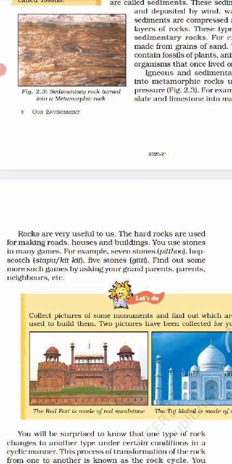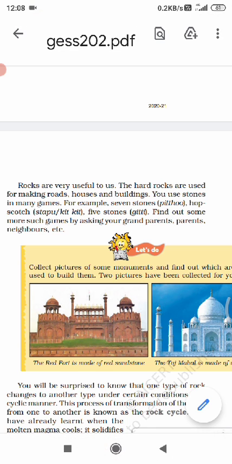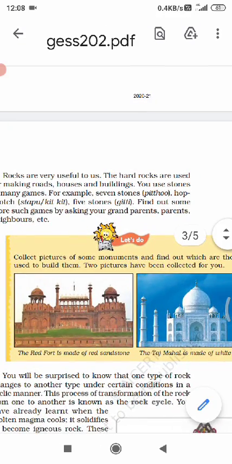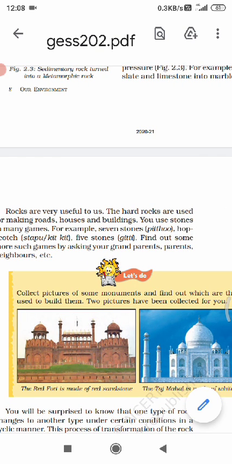Rocks are also used for making buildings. One example given here is that the Red Fort is made up of red sandstone. Then the Taj Mahal, marble. So these are some of the examples.